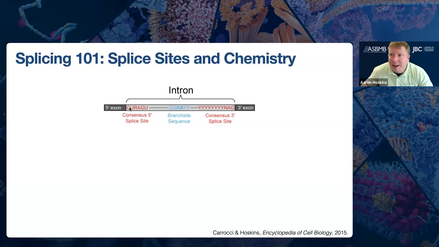There are three of them which are essential for the splicing reaction: the 5' and 3' splice sites, which form the boundaries between the 5' exon and intron and the intron and 3' exon respectively, as well as a branch site sequence, which is located closer to the 3' splice site than to the 5' splice site. All of these are critical for the actual splicing chemistry reaction.